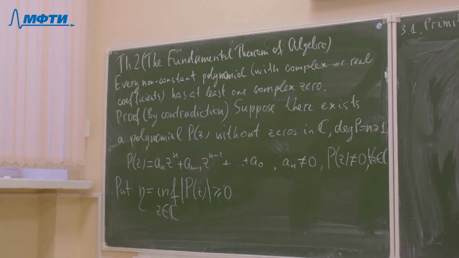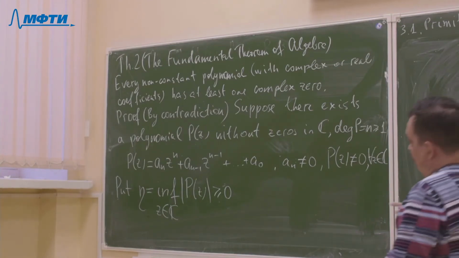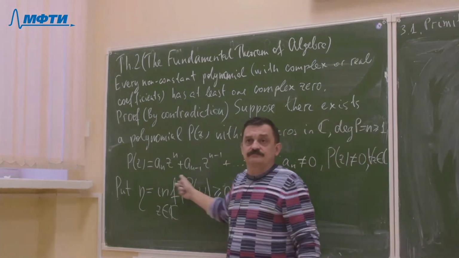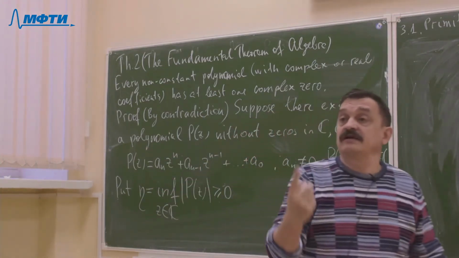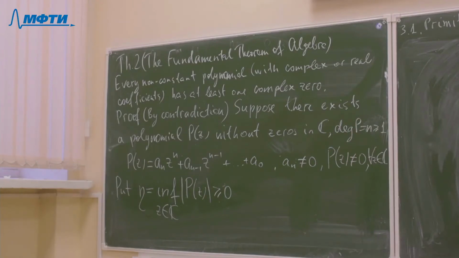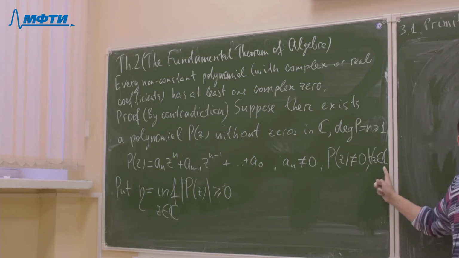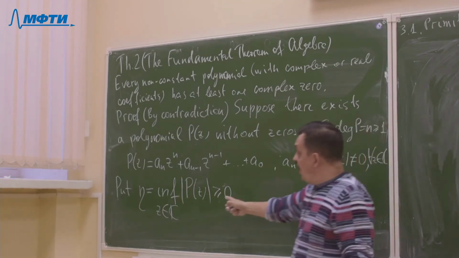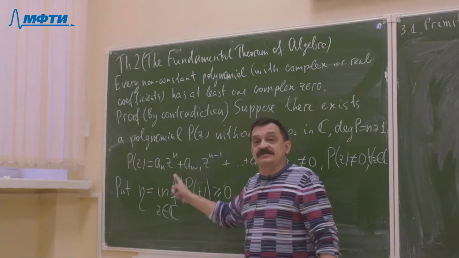Because look, we take the modulus of a complex number, which is a real non-negative number, and moreover, since we know the polynomial is not 0, all those real numbers are positive.